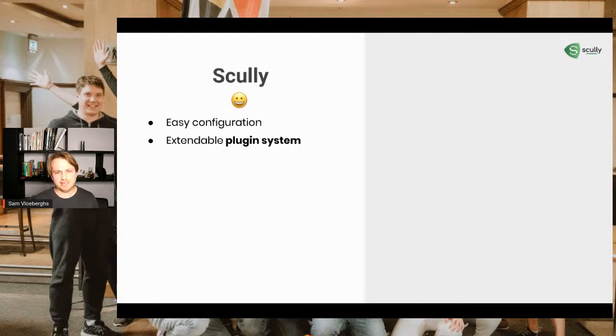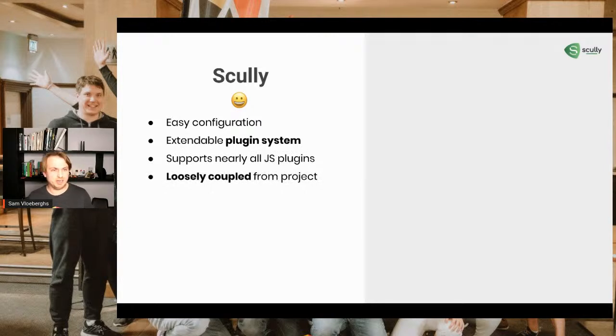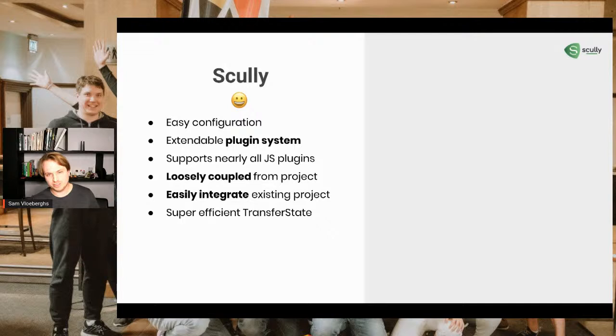Scully will be able to handle them. Scully is loosely coupled from your project, so it's not even integrated in the angular.json file. This means that you can easily integrate and set it up for any existing Angular project. And as already mentioned, it uses a super efficient transfer state to optimize client-side navigations.